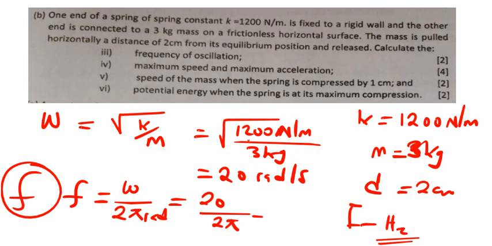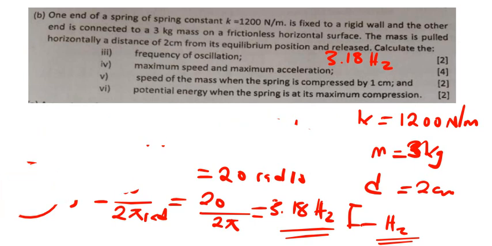When I divide 20 by 2 pi, that gives me 3.180 Hz. This is the frequency that we want. So let me just write it here, 3.180 Hz. Okay, we found the frequency.